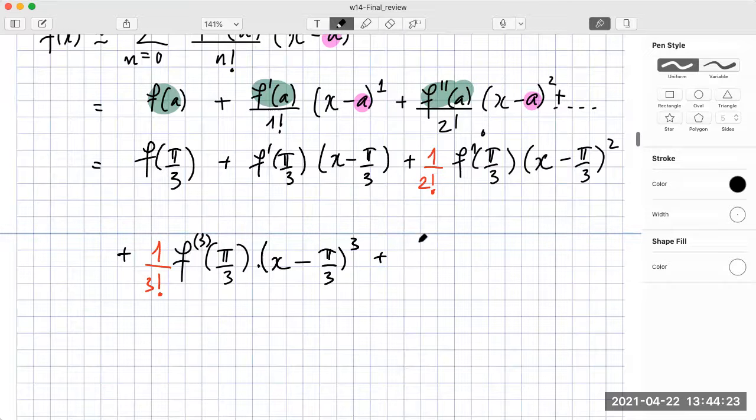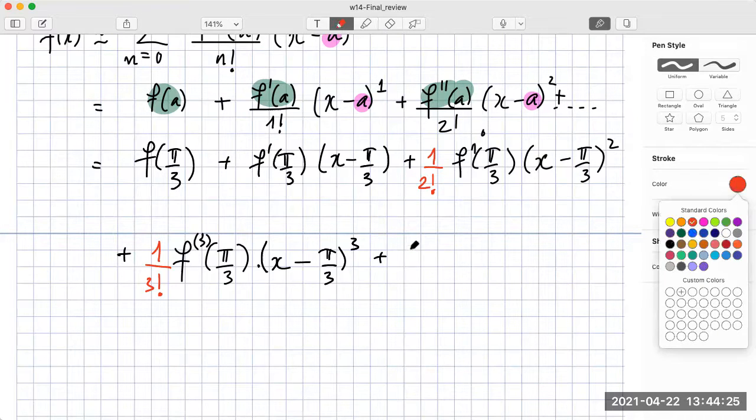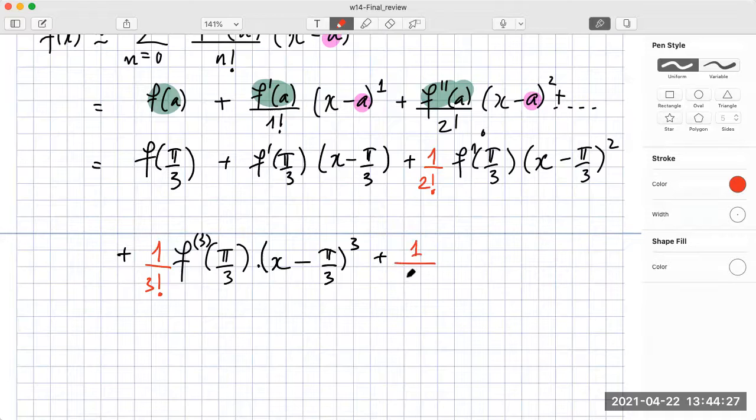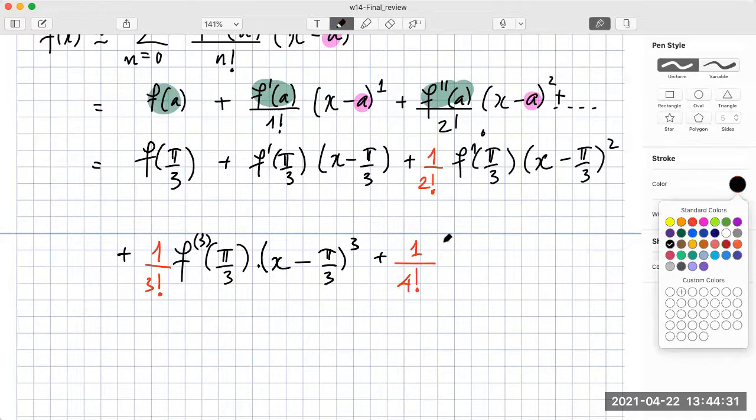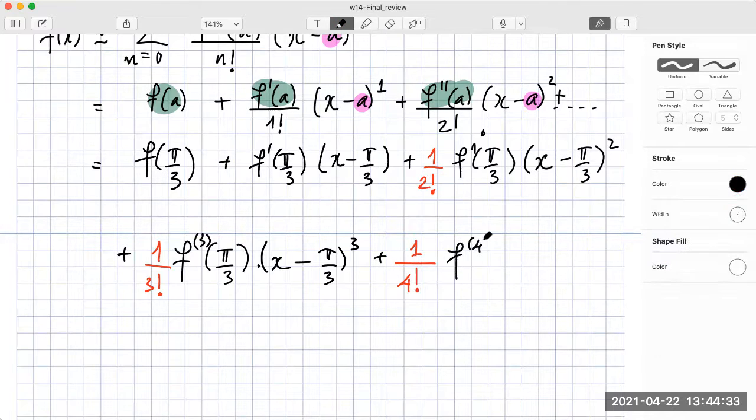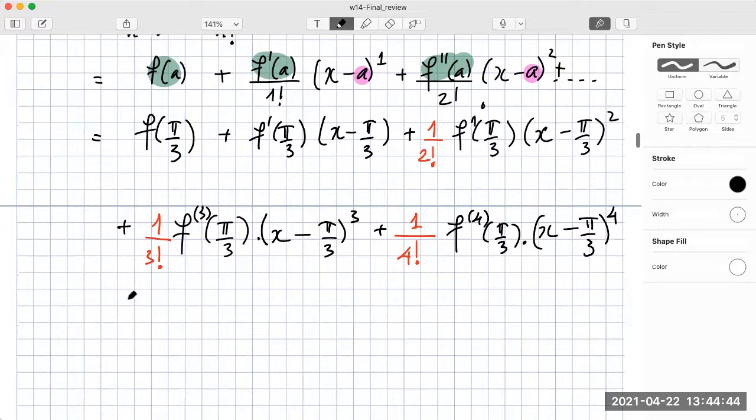Plus the next term, it will be x minus pi over 3 to the fourth. And remember, we should not stop here. Let us just plus so many other terms, okay?